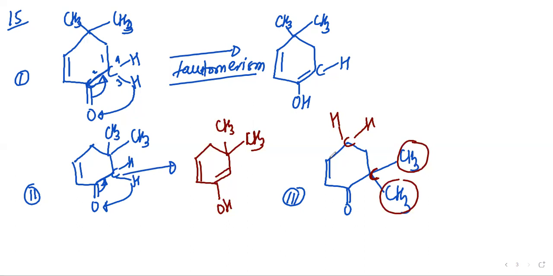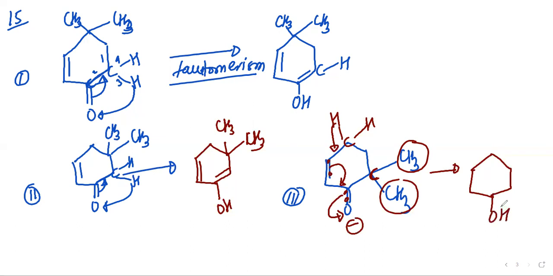See here, this pi bond electron will be shifted to this oxygen, so it will form minus, right? And this carbon's pi bond will be shifted here, and the hydrogen is removed, so one will be shifted here. So it will look like this.